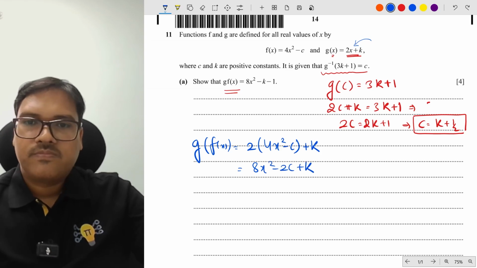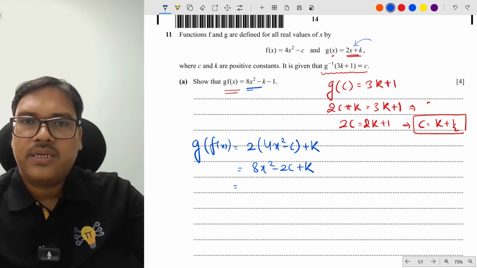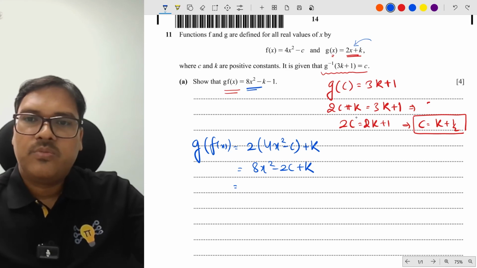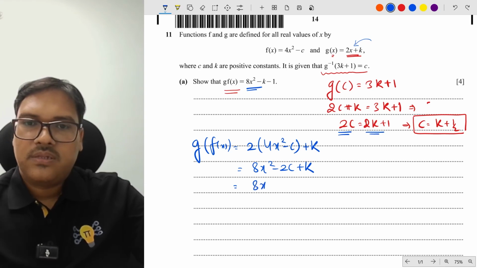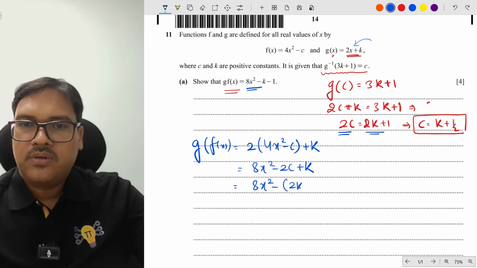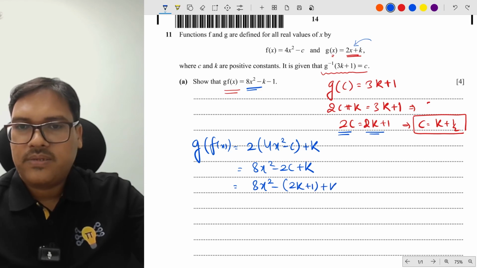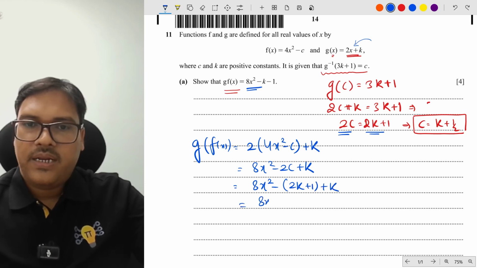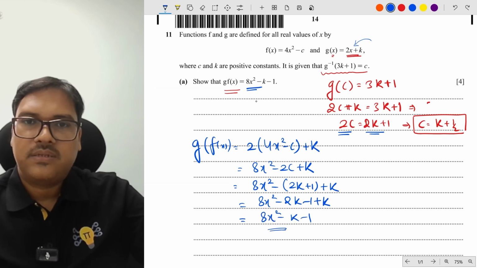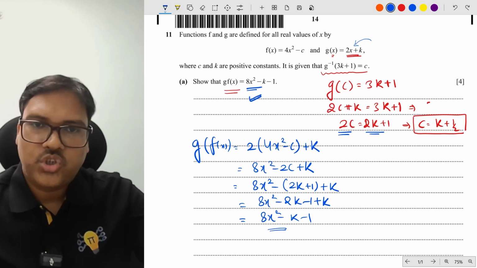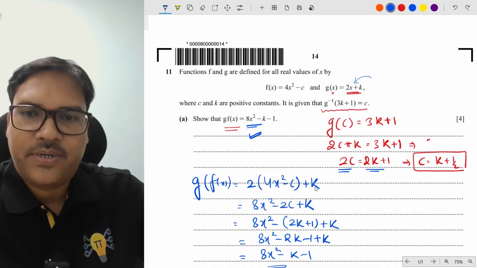Now we have to write the answer in terms of only k, so we will eliminate c. 2c is equal to 2k plus 1. So this is 8x square minus 2k plus 1 plus k. So 8x square minus 2k minus 1 plus k. Minus 2k plus k will become minus k. So this will become 8x square minus k minus 1. This is the first part which you have to show. Correct?